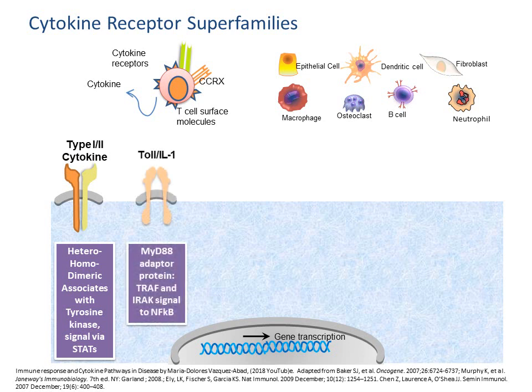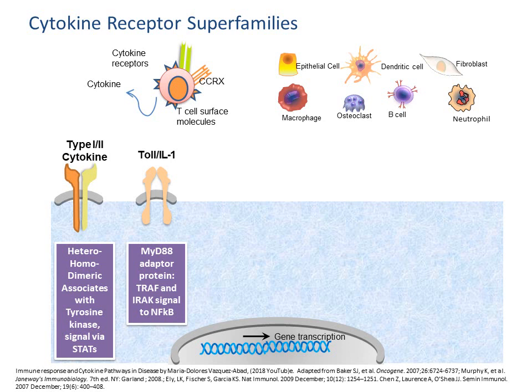The second superfamily is the one we know as the toll-like receptors, which is the one that interleukin-1 uses. And the intracellular signaling is a bit more complex.